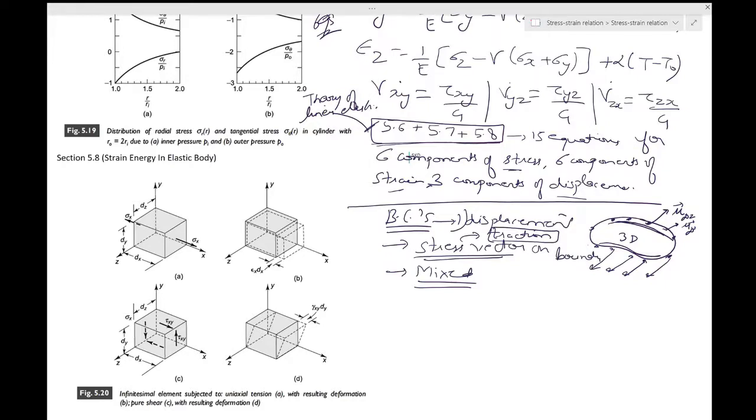Now we are making a claim about uniqueness. As the author of your textbook says, it can be shown, we will not do that in this course, that if at every point on the surface of an elastic body, either the displacement vector or the surface stress vector is prescribed, then there exists a unique solution which satisfies 5.6 and 5.7 throughout the interior, which meets the prescribed boundary conditions on the surface.